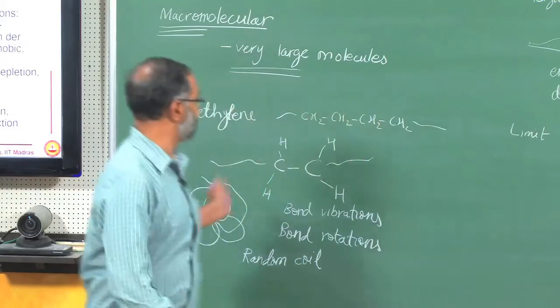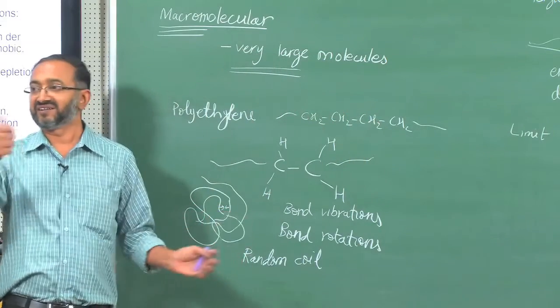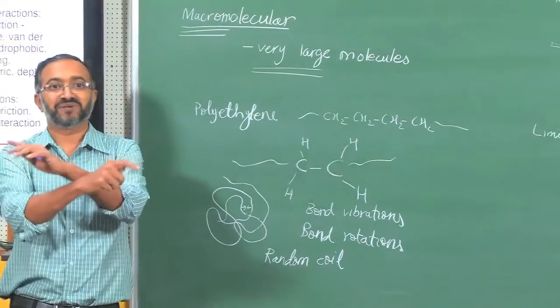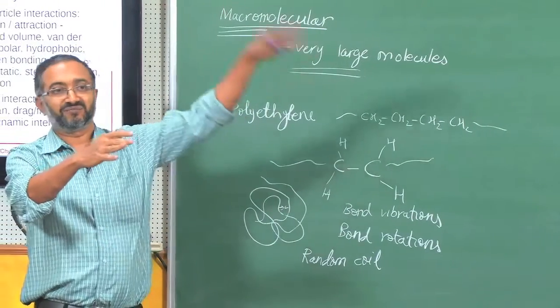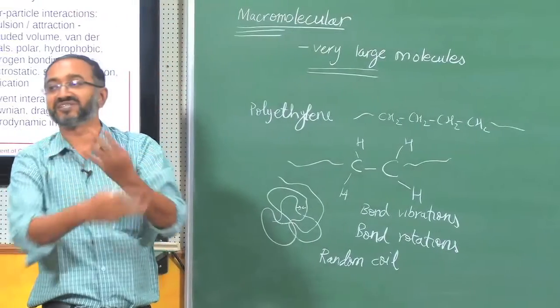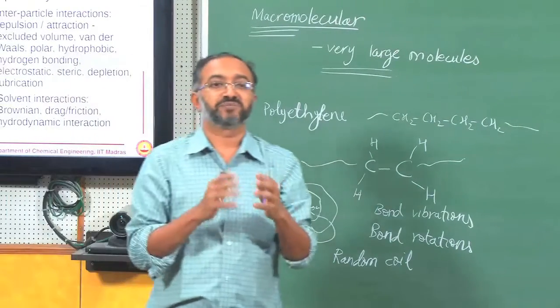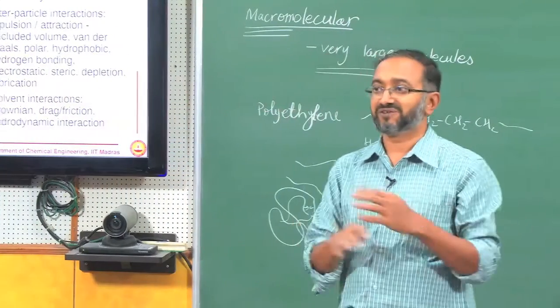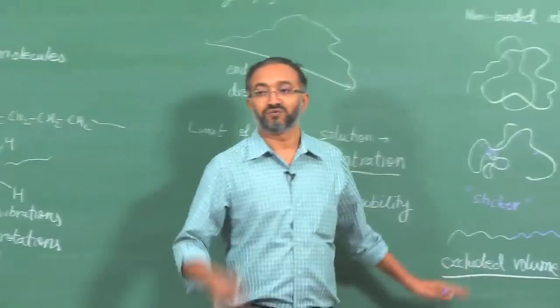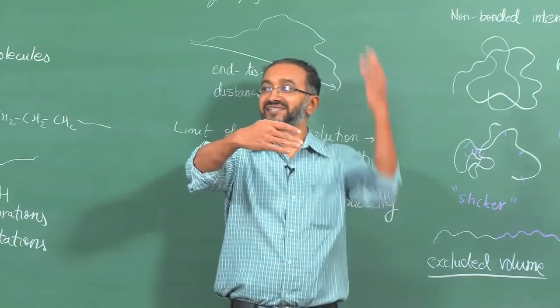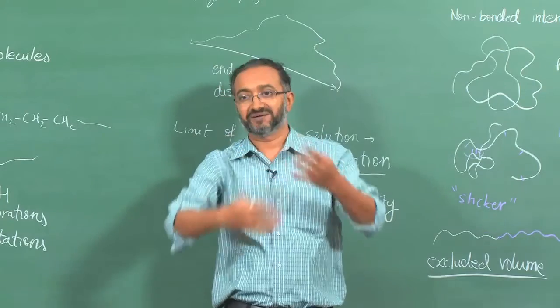But if you think of these 10,000 steps, the 10th step and 20th step cannot be in the same place, because at the 10th step there is already a bond; the molecule cannot go back and again cross the same path. Basically, the same space cannot be occupied by different parts of the molecule. There is what is called excluded volume. So, once there is a molecule in place, the other part of the molecule cannot occupy the same place.